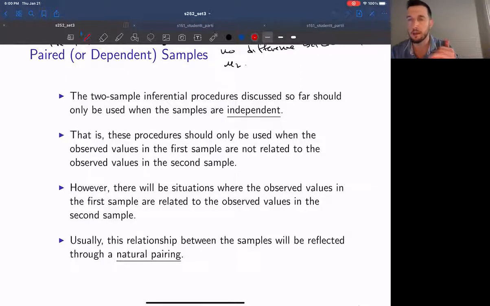For example, your weight in the morning and your weight in the afternoon. We cannot assume independence between each of the samples because the observation is the same within each sample. So in this case, we need to use a different style of test in order to compare the population means from each of the populations that we are studying. So weight of all Albertans in the morning versus weight of all Albertans in the afternoon, for example.